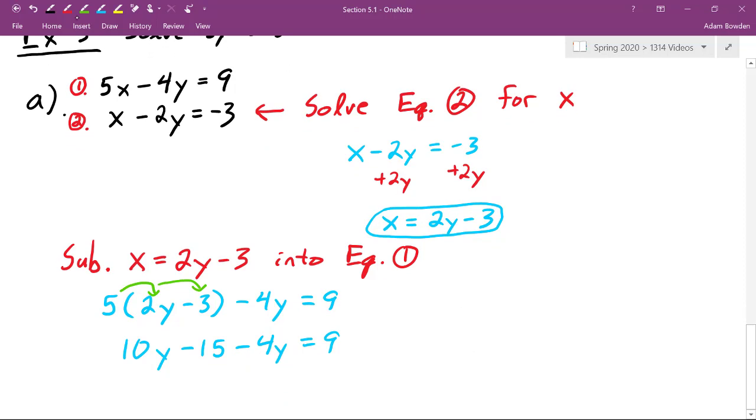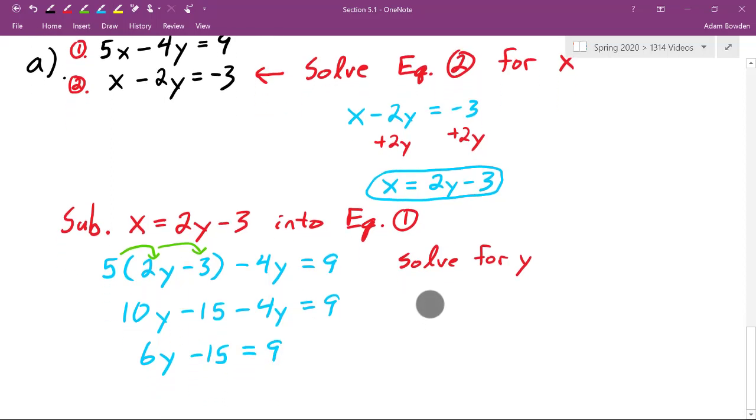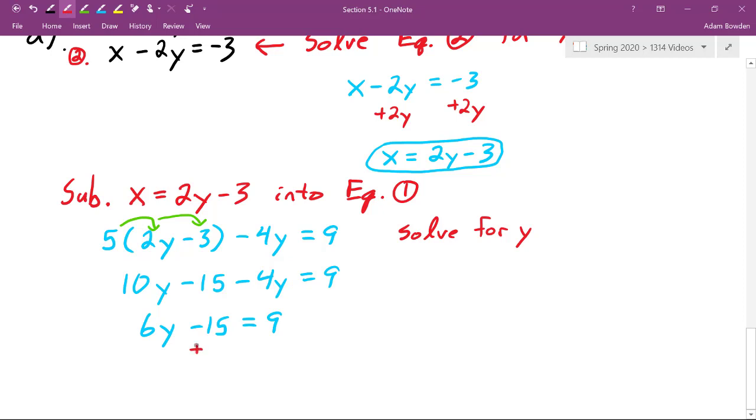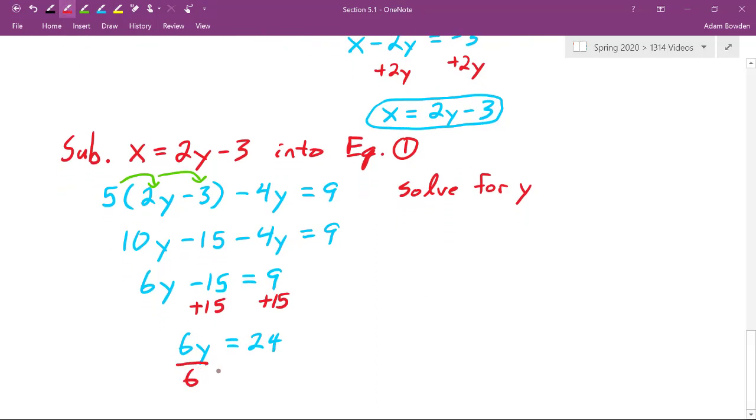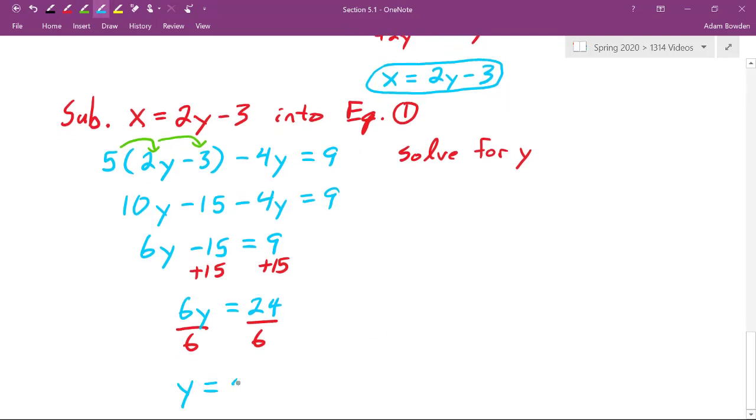At this step, what we're really trying to do is just solve for y. It's now an equation with one variable. We'll get 6y minus 15 equals 9. We'll add over the 15 to both sides. 6y equals 24. And then we'll divide by 6 on both sides, and we'll get y is equal to 4. So that's one solution of our system of equations.